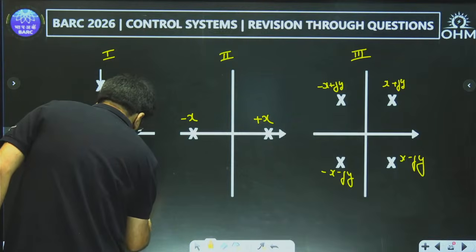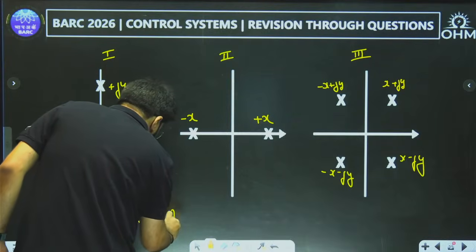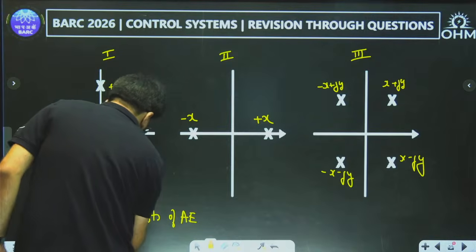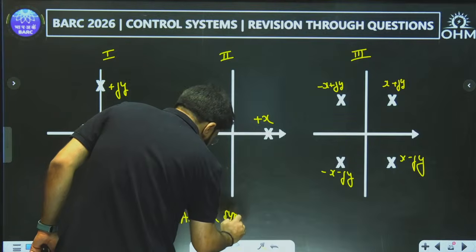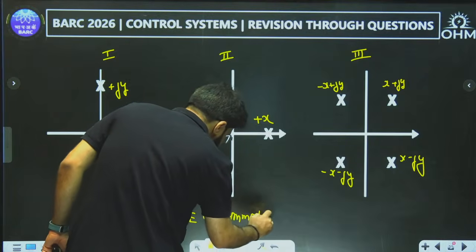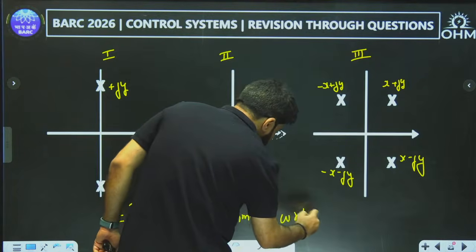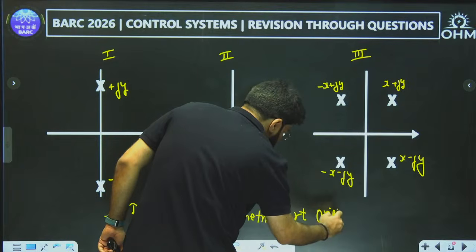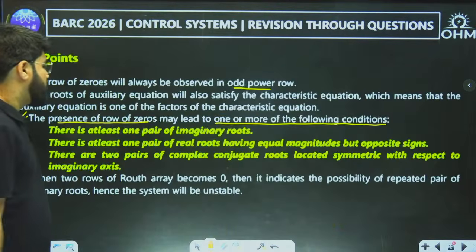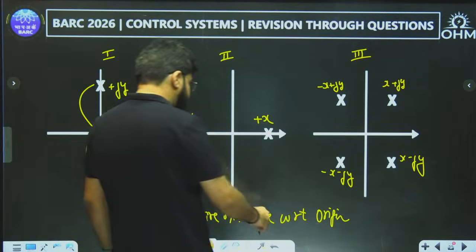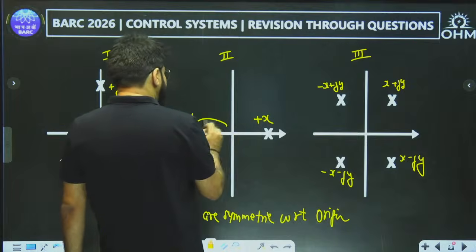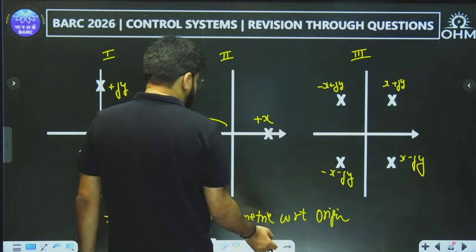In either case, the roots of the auxiliary equation are always symmetric with respect to the origin. You see here, plus y, minus y, minus x on the left, plus x on the right, symmetry with respect to origin.